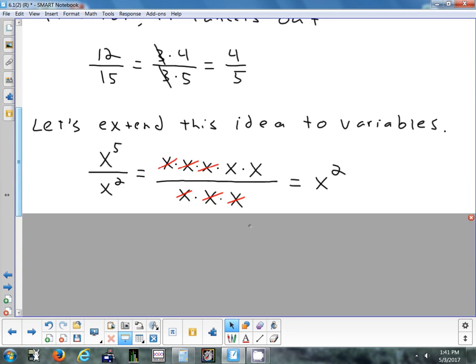If I do this to variables, all right, x to the 5th, what does x to the 5th mean? X 5 times. Yeah, x times x times x times x times x. X to the 2nd means x times x. Let's fix that.